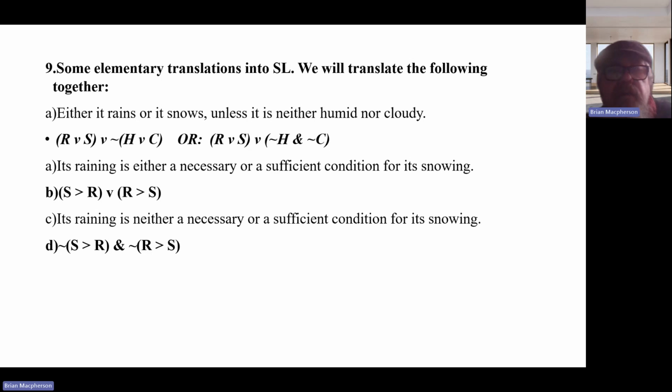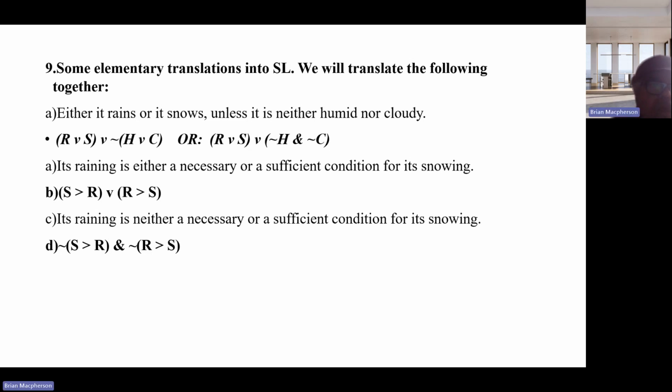So let's try some elementary translations into SL or PL together, okay? So either it rains or it snows, comma, unless it is neither humid nor cloudy. So we know then that unless is the main connective because of the comma, right?